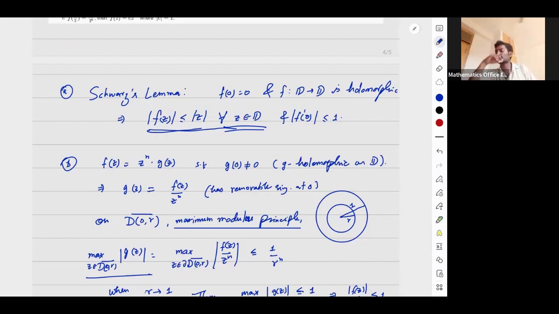What is that? In the Taylor series expansion, this f prime 0 is the first constant term, z into f prime 0, right?